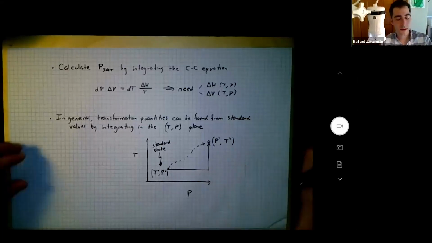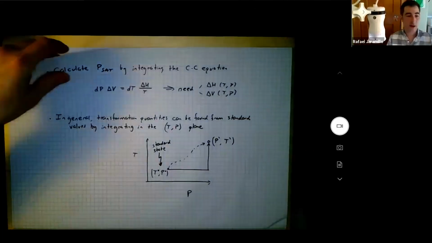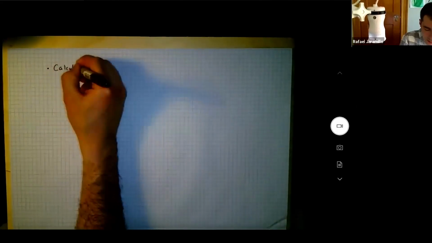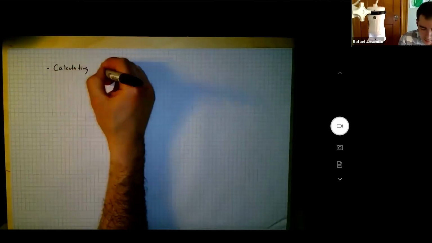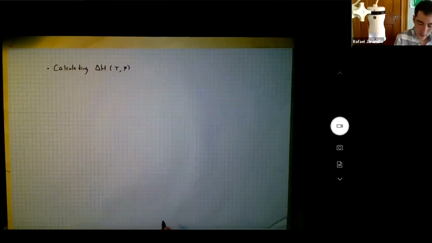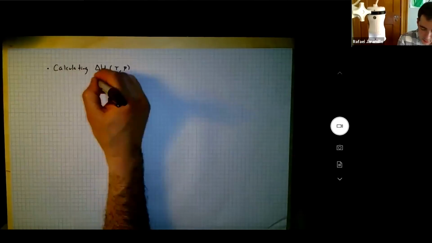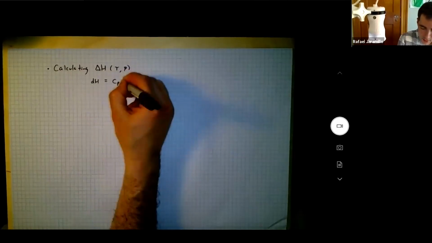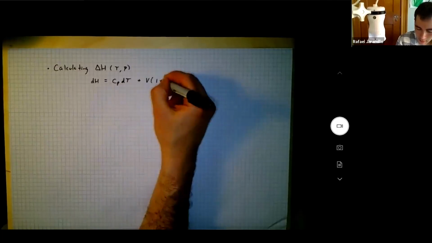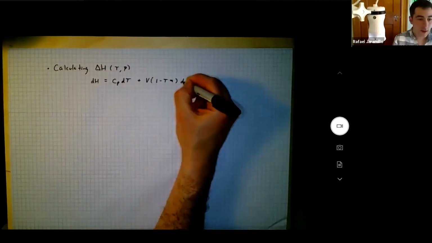So in general, we can integrate. So for instance, calculating delta H as a function of T and P, dH equals Cp dT plus (V minus T alpha V) dP.